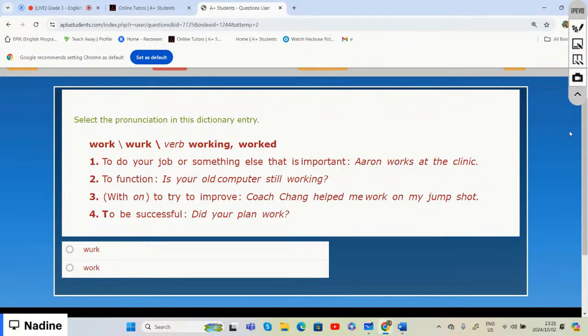What is the pronunciation within the dictionary entry? Is it work, the first one, or the second one? Work, the pronunciation. How do we say the word?